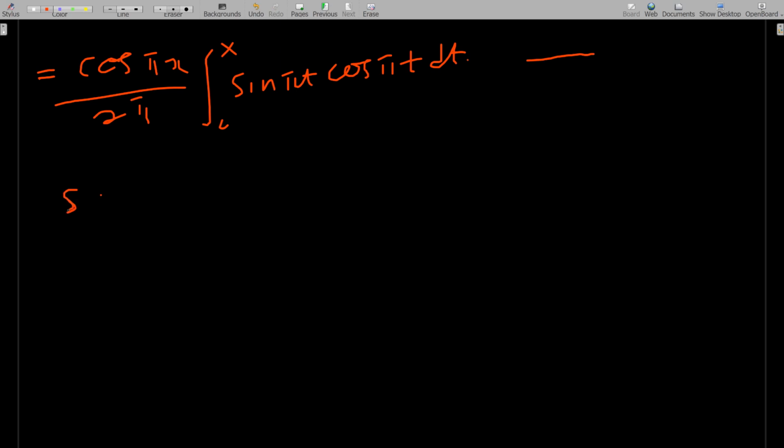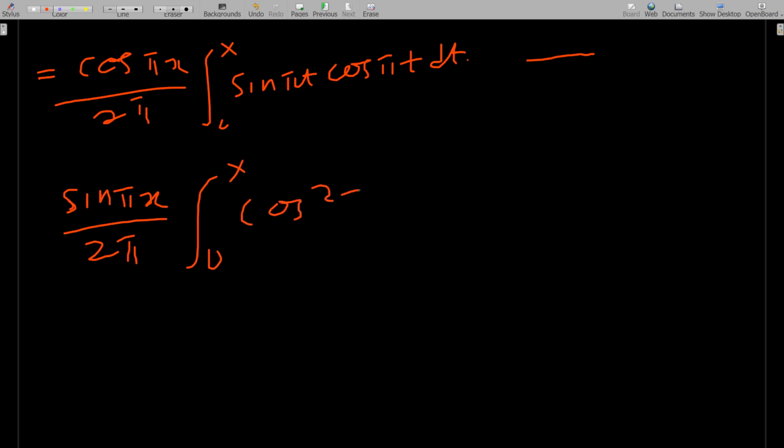Sine pi x over 2 pi integral from 0 to x, and I have cos squared pi t dt. Okay, and this one too, its integral we know. So you see that the moment you're able to do the first term, the second term becomes easier.